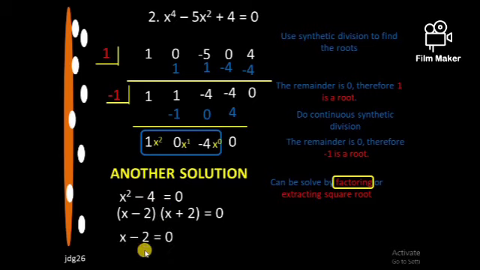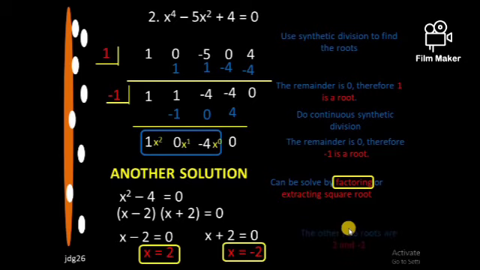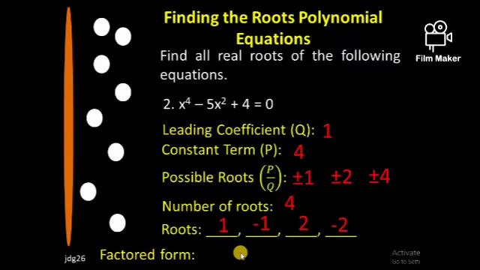And then, using the zero product property, we have x minus 2 equals 0 and x plus 2 equals 0. Solve for x. So, we have x equals positive 2 and x equals negative 2. So, ito rin yung nakuha natin kanina using continuous synthetic division. So, the other roots are 2 and negative 2.